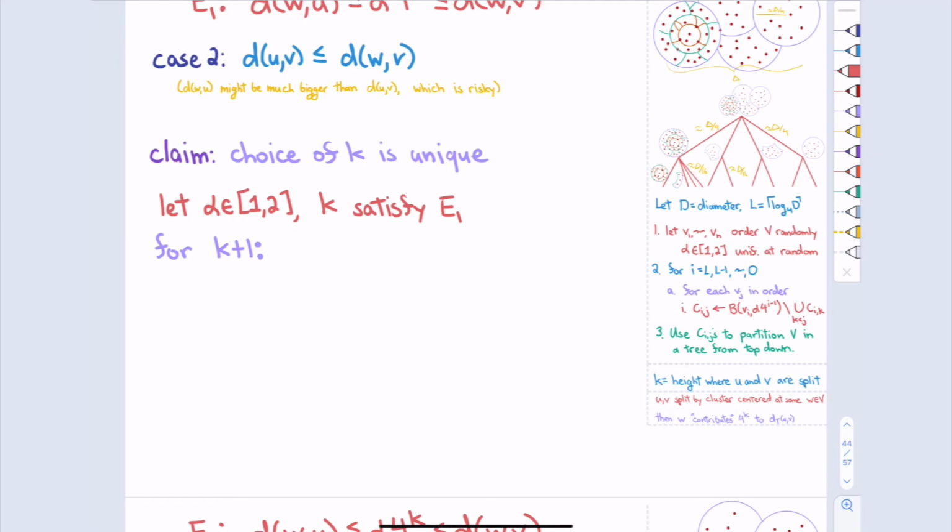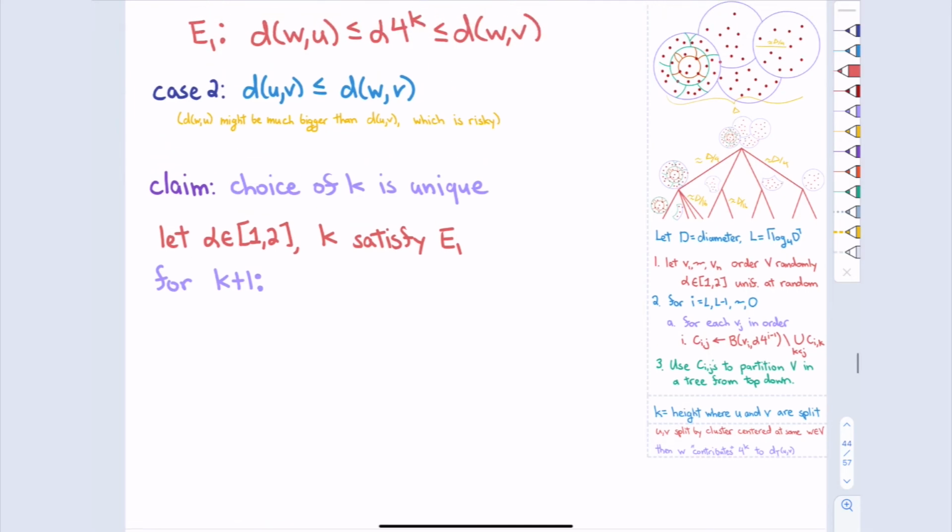So let's say that there exists some alpha between 1 and 2 and some choice of k that does fall in the range. I want to show that if I went to the k plus 1 range, any choice of alpha couldn't possibly fit in, and if I moved to the k minus 1 range, any choice of alpha couldn't fall between. This should just be an exercise of triangle inequality as usual.